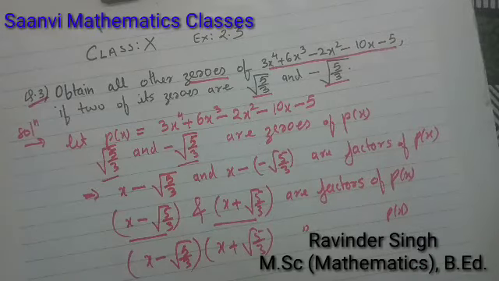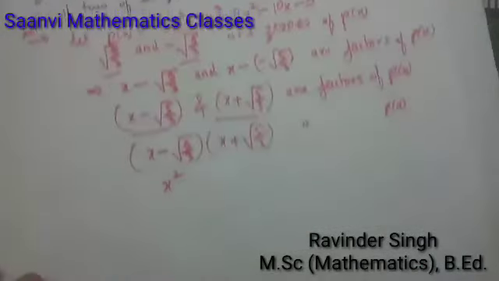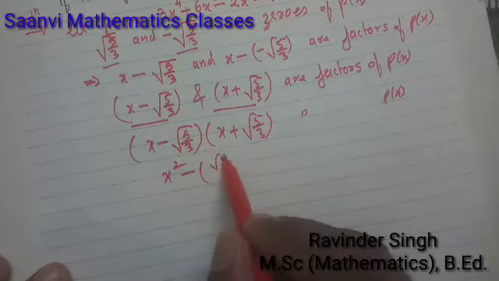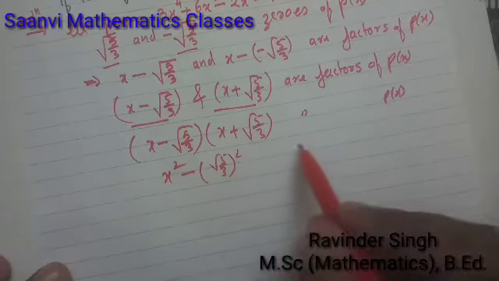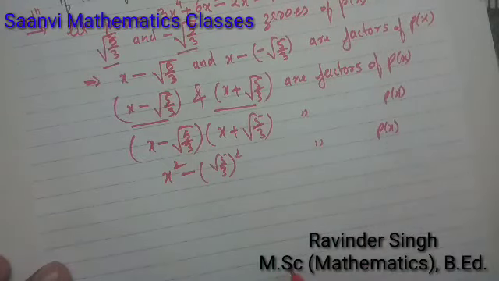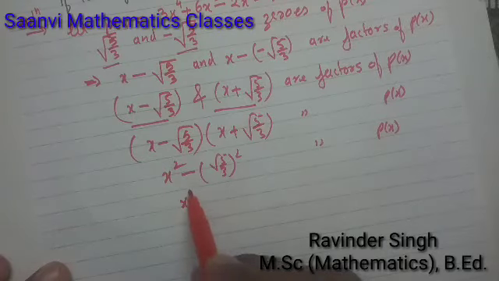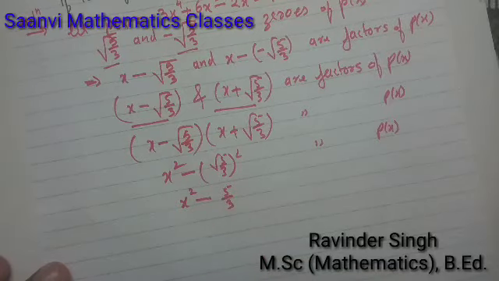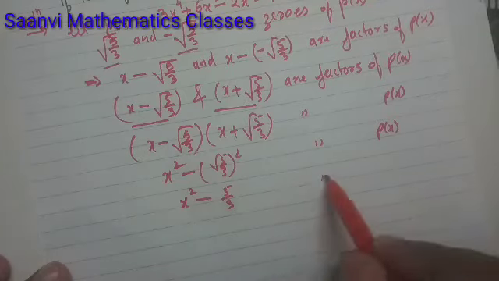If I simplify, this means x square minus root 5 by 3 square is again a factor of p of x. So x square minus, root 5 by 3 squared will be 5 by 3.